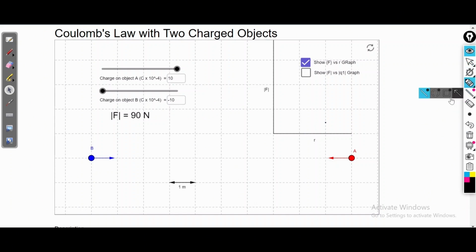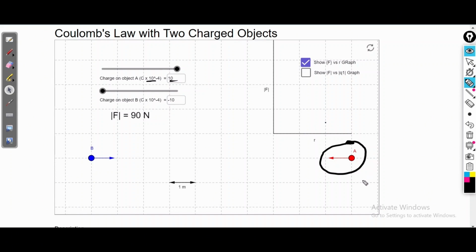So let's introduce the interface of this simulation. Here in this interface we have two objects. One is this object which is labeled as A, and on this object there is a large number of positive charges. As mentioned here, the charge on object A, with the unit of Coulomb and 10 raised to the power minus 4, is equal to 10.